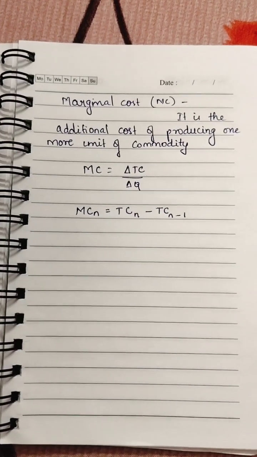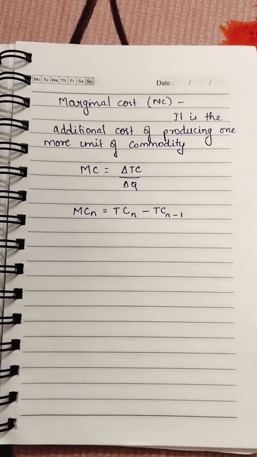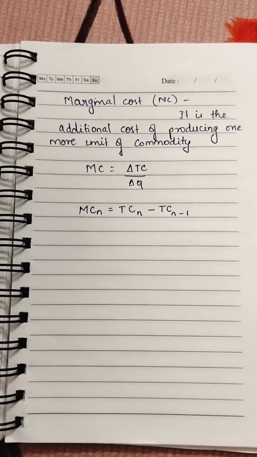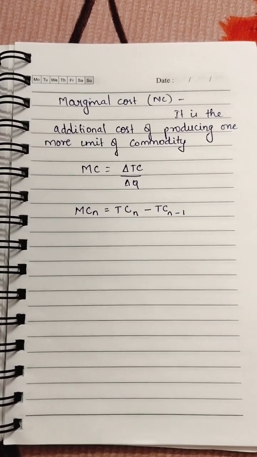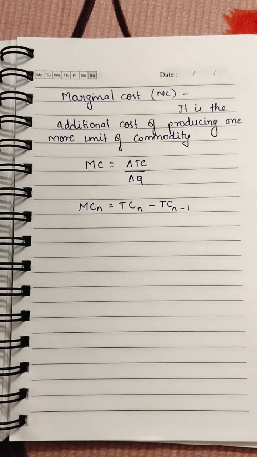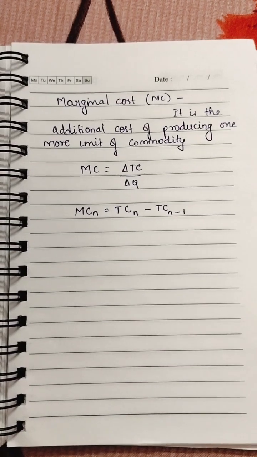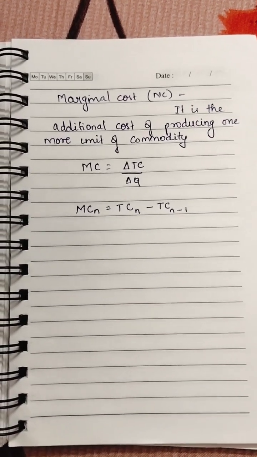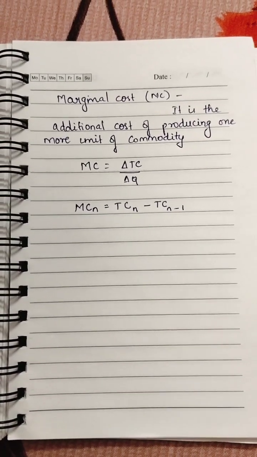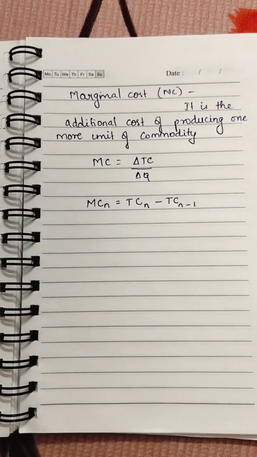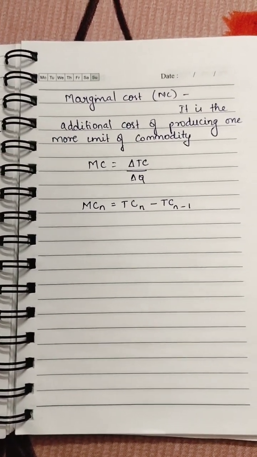That amount is represented as marginal cost. For example, the total cost of producing 10 units of pen is 100, and if you want to produce 11 units of pen, what is the cost of producing that extra 1 unit?